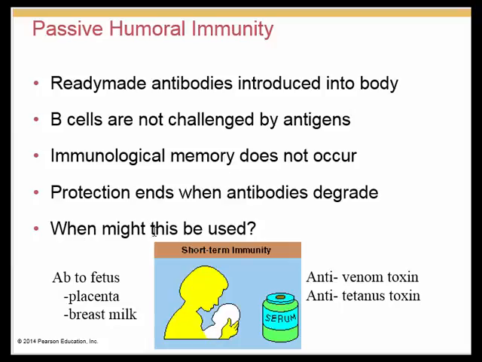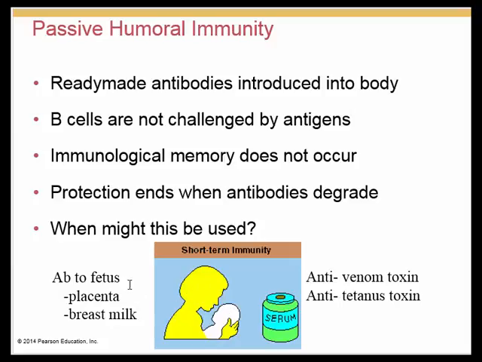And when might we want to use this? Say we got bit by a snake. We have pre-made serum, anti-venom toxin serum, that we can shoot up a whole bunch of antibodies straight to us to block up that toxin, not let us do any destruction. Tetanus as well. We've got tetanus toxin, anti-tetanus toxin serum that we can use.